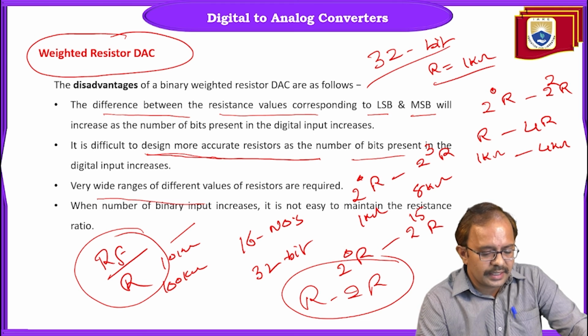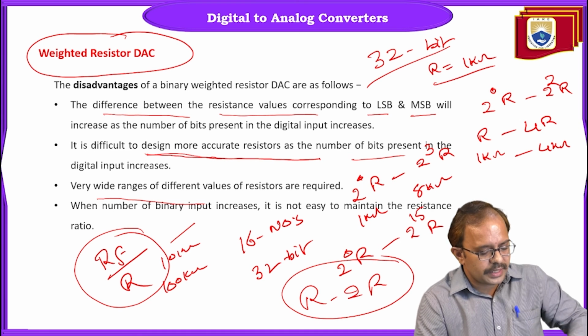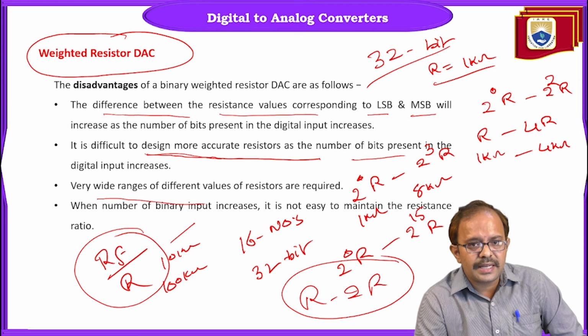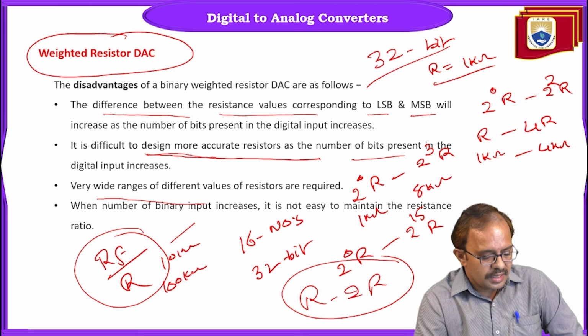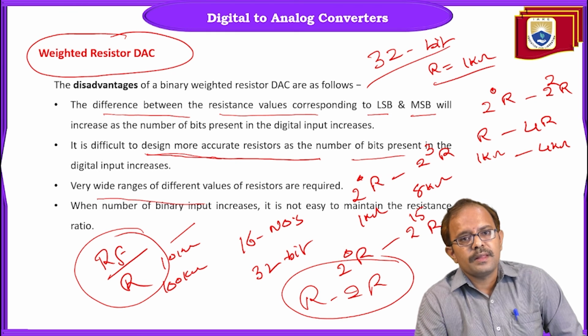So what are they? The difference between the resistance values is huge, if you consider an LSB and MSB. It is very difficult to design such accurate multiple resistors, and the range of these resistors is going to be huge, right?